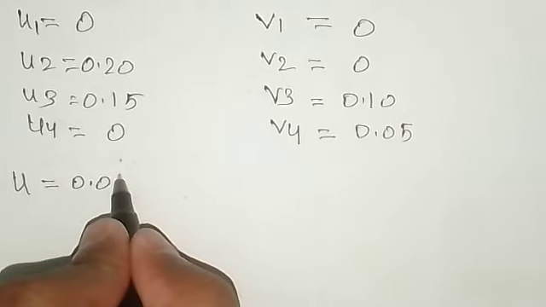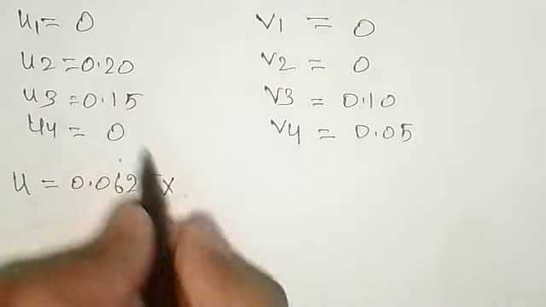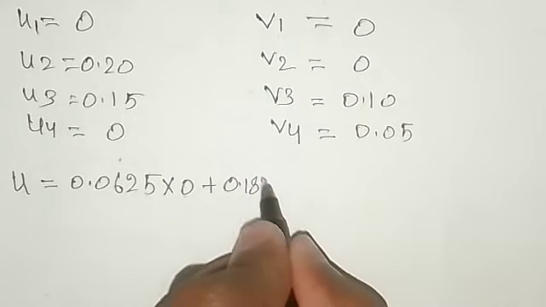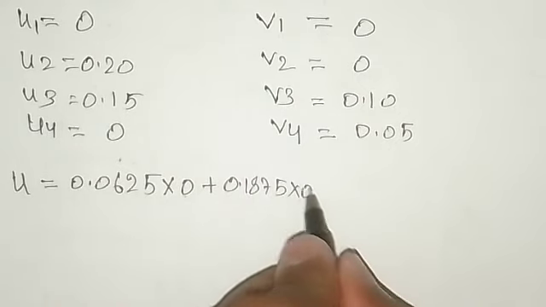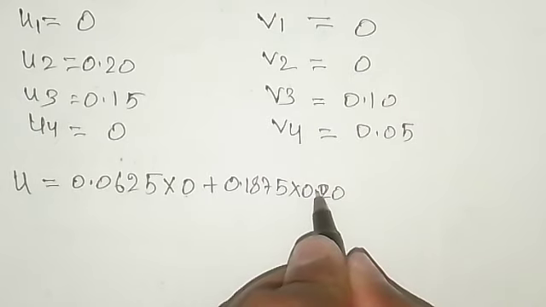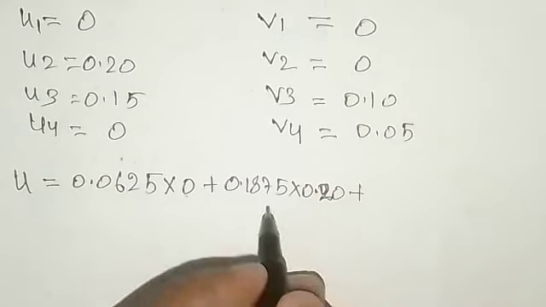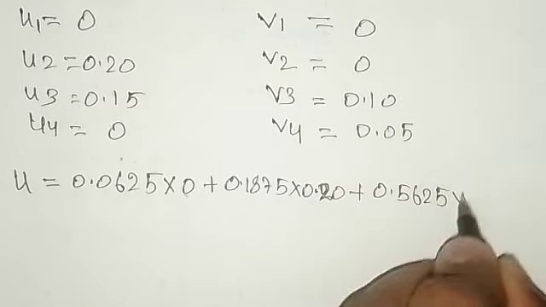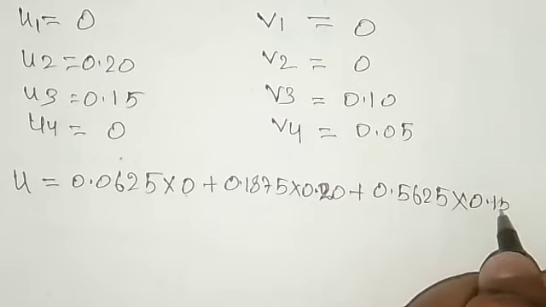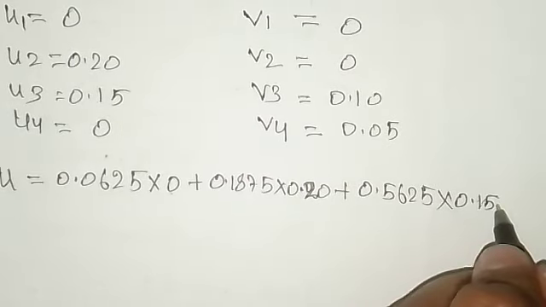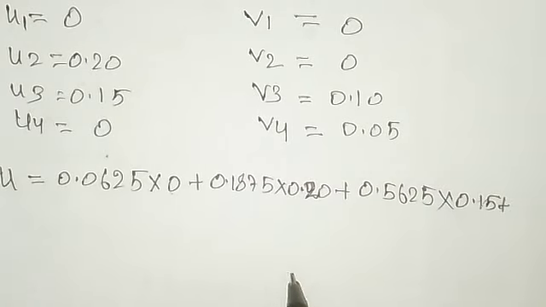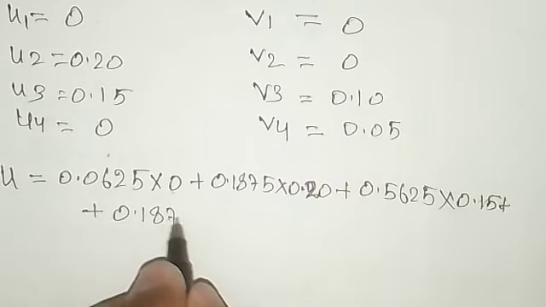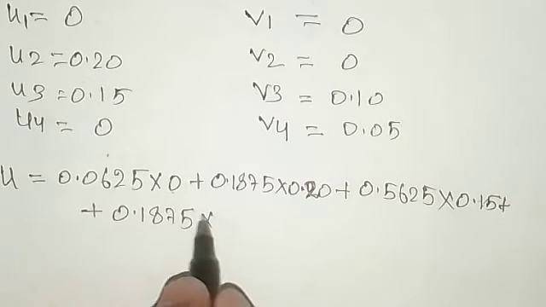So N1 is equal to 0.0625 into U1, U1 is 0, plus N2 is 0.1875 into U2 is 0.20, right? Plus N3 is 0.5625 into U3 is 0.15, right? Plus N4 is 0.1875 into U4 is 0, right?